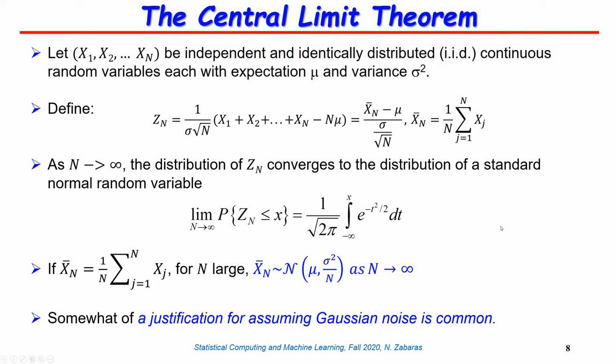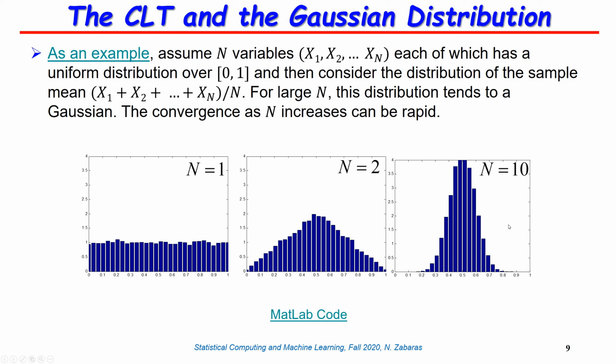So let me give you a few schematics with examples. Here I have samples from a uniform distribution, and I form the sample mean, and then I take a histogram of the sample mean. If I only use one sample, obviously the distribution is nothing else but a uniform distribution. But if you use two samples, you can see it starts looking like a Gaussian, and if you use n equal to 10, the sample mean follows a Gaussian distribution quite well.